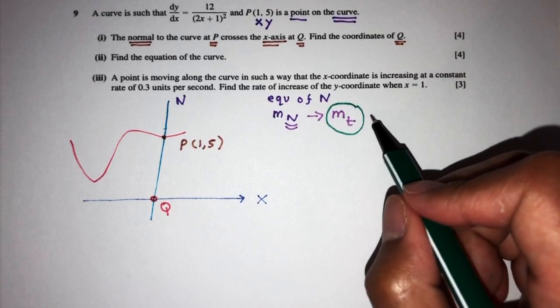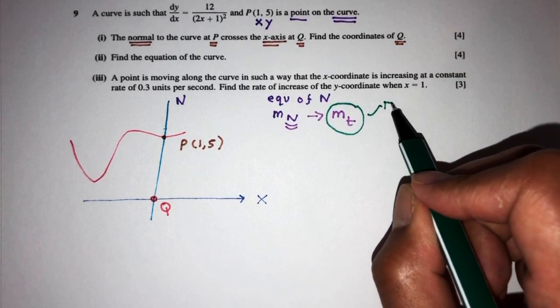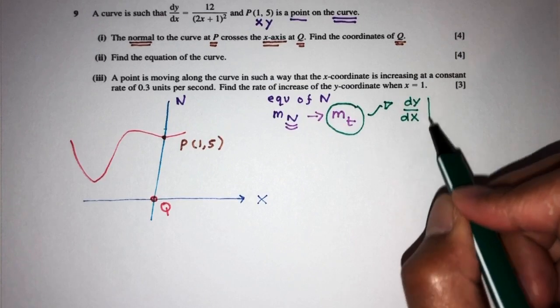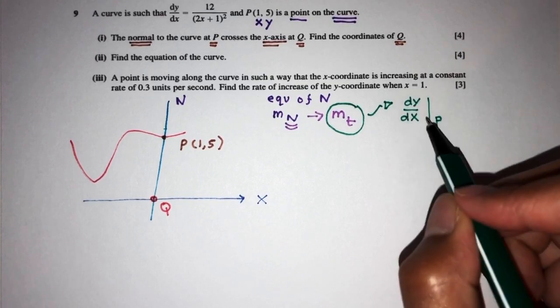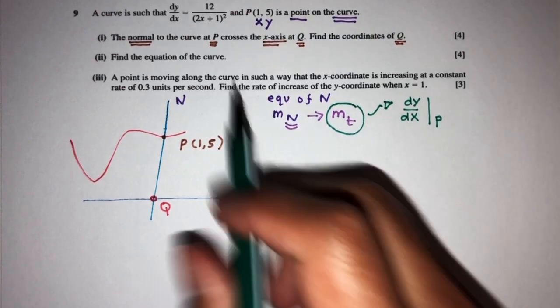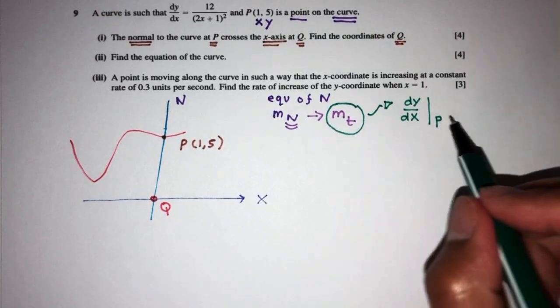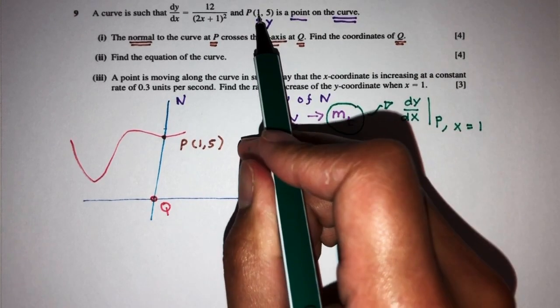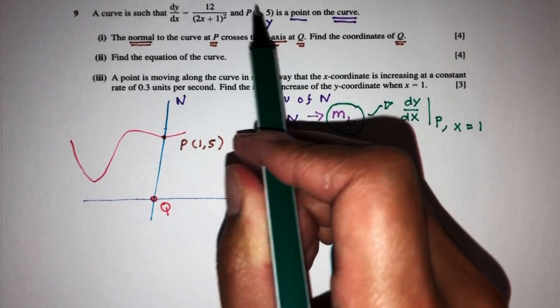Now, we understand that the gradient of the tangent is simply dy/dx at the point P. And here we have dy/dx already. So dy/dx is equal to this one. And at the point P, the value of x is equal to 1. As we can see here, x is 1. We place that back in the equation.